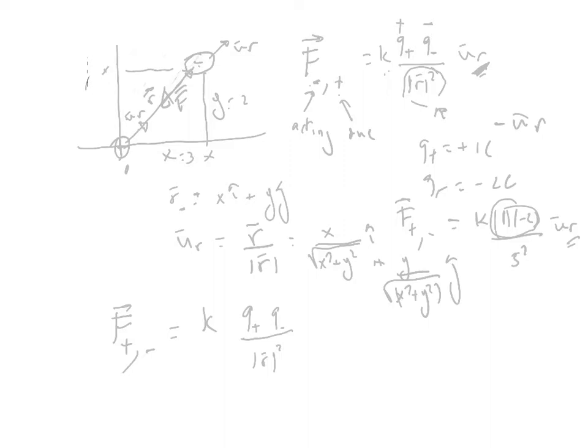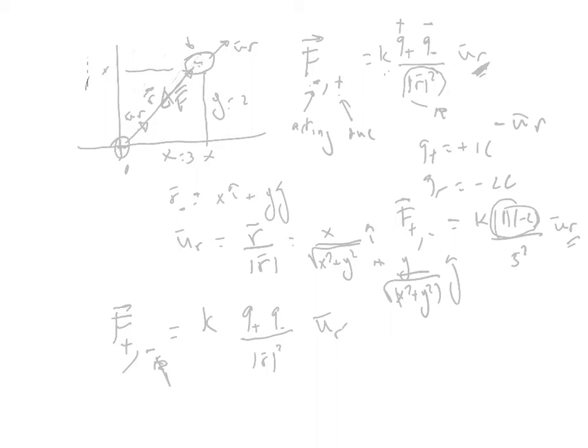And what is the vector here? The vector is u sub r prime, because it goes from the source. Now I'm looking for the force due to the negative charge acting on the positive charge.